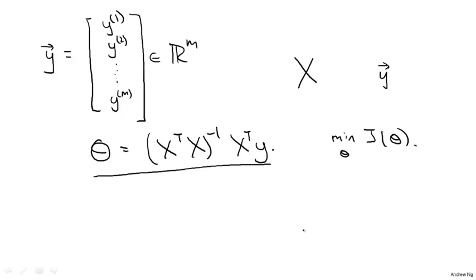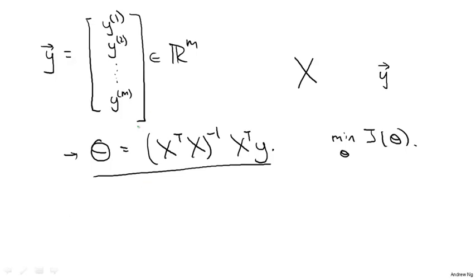This gives you the optimal value of theta. Obviously, I didn't do any of the derivation. I'm just claiming that if you implement this procedure, you get the global minimum of J of theta. This actually works, but you don't have to take my word for it. In the next exercise, you get to implement this yourself and verify for yourself that you get the same answer using this formula as you do for gradient descent.